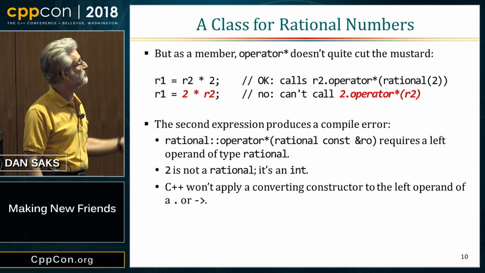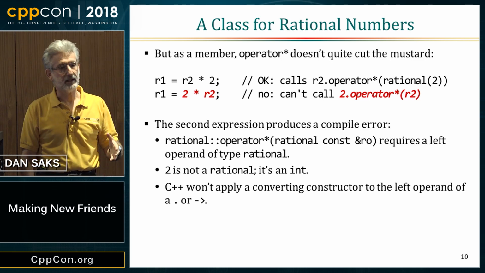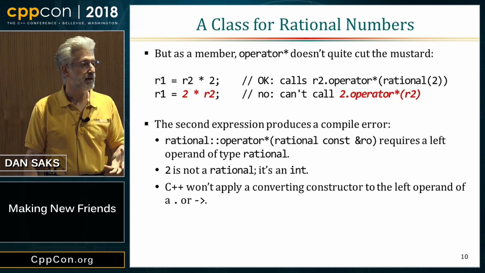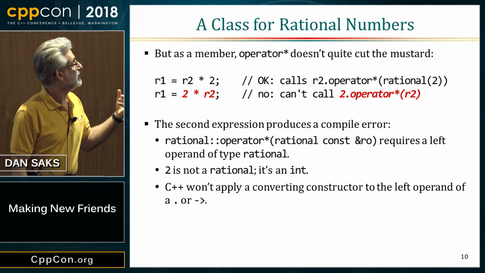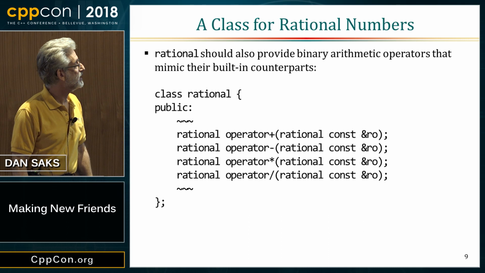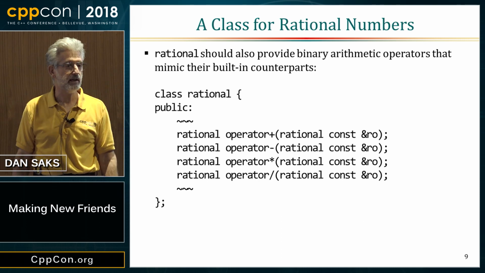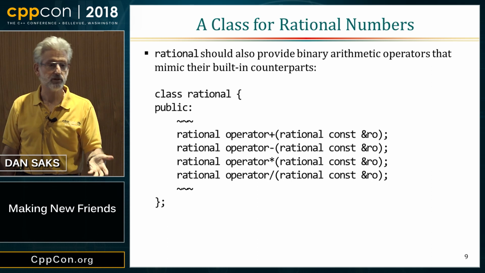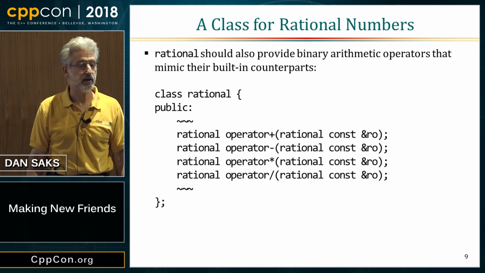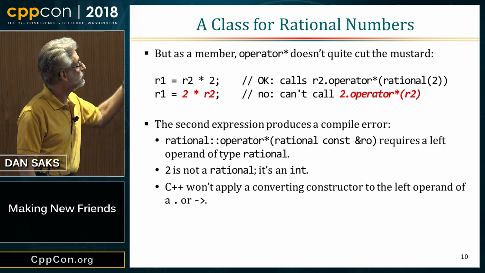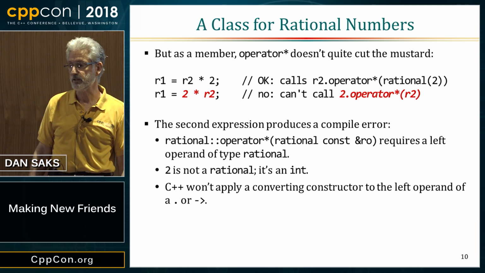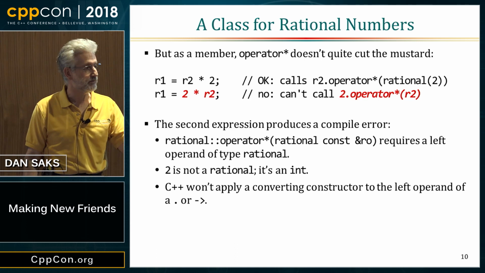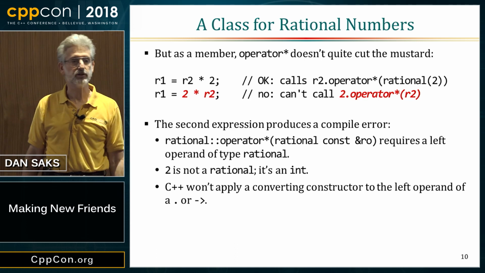And the reason is that the second one has a non-rational as the left operand of the multiply. Notice that on the previous slide, these operators are all implemented as members, which have an implied parameter this, which is the left operand of those arithmetic operations. The compiler will not employ those member functions when the arguments are an int and a rational. It won't do a conversion on the left operand.